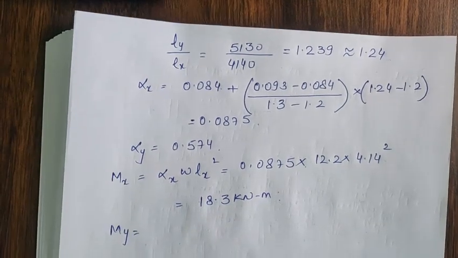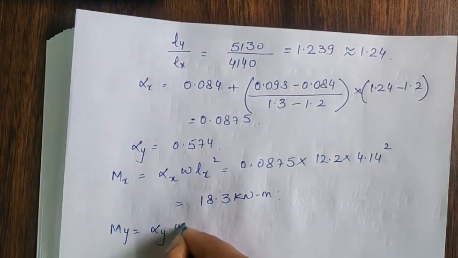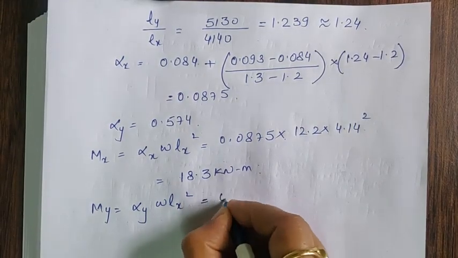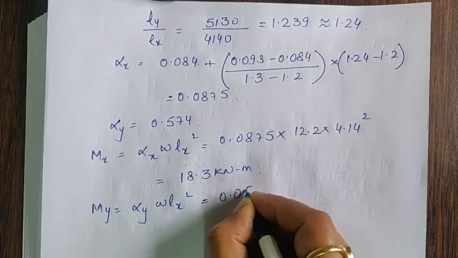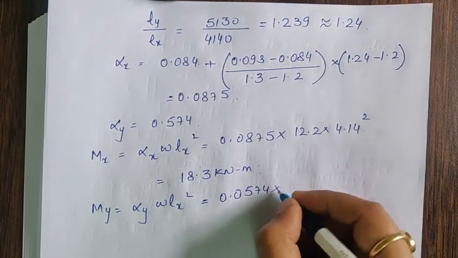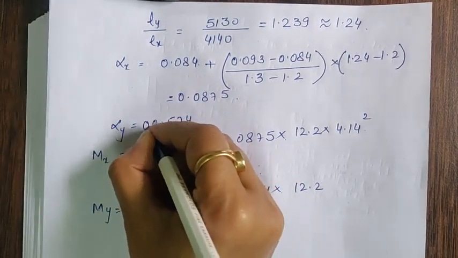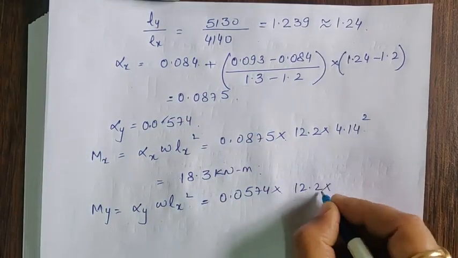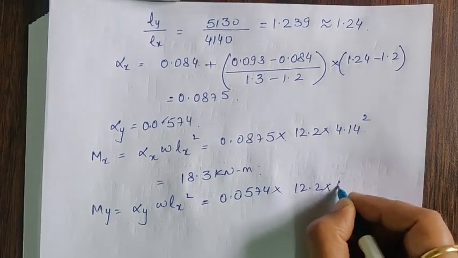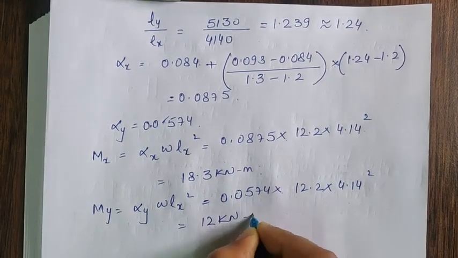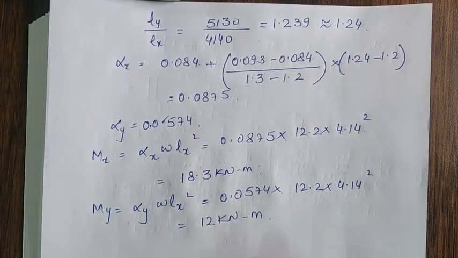Moment along y-axis is alpha y w lx square, that is 0.0574 into 12.2 into 4.14 square. This is coming out to be 12 kilonewton meter. Okay. So both the values have been obtained.